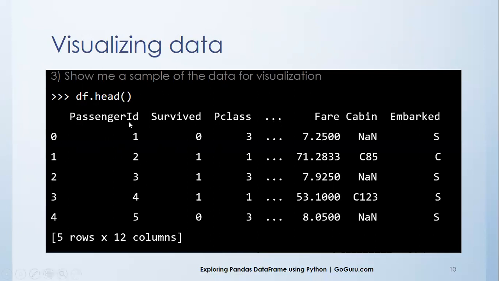What Python does is, instead of listing every single column, which would make it unreadable, it displays the first 3 columns and the last 3, and the remaining are filled up with dots, just to make your visualization better. That's all. So df.head gives you a sample visualization.